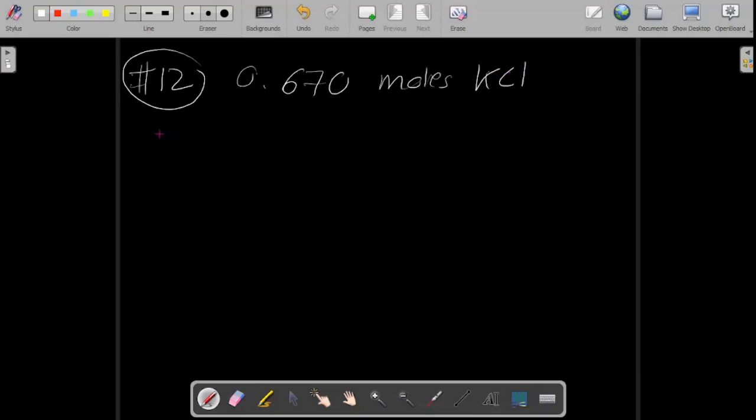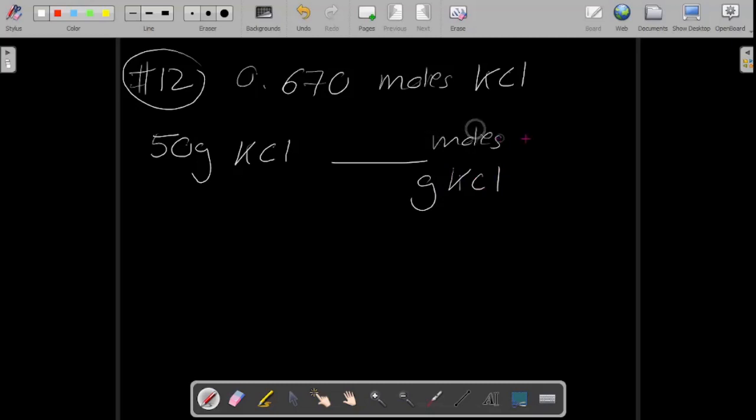The problem says that we have 50 grams, and they want to know the moles. So we know we want to get rid of our grams. Please put whatever you want to get rid of at the bottom of your factor label method, and end with the moles. But I need a way to relate the two.